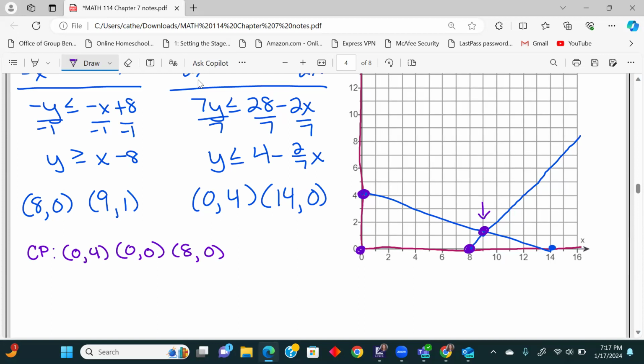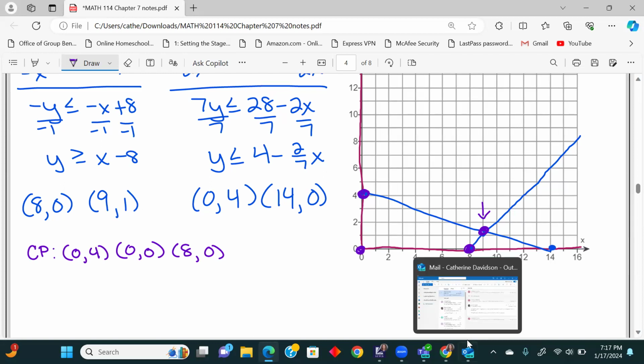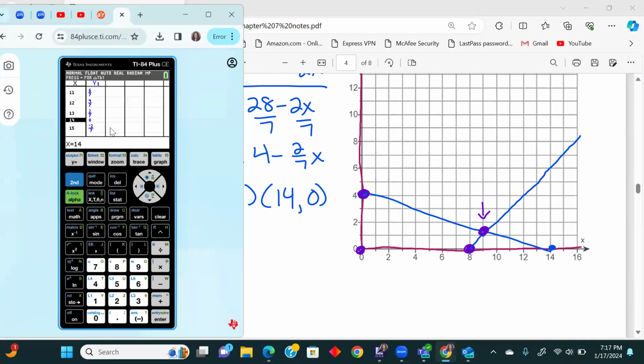We can actually graph them both at the same time. Let's go ahead and do that. So Y equals, let's put that other one in. That was the first one we did. It was X minus 8. All right, so you can hit second, trace, and you want to find where they intersect.